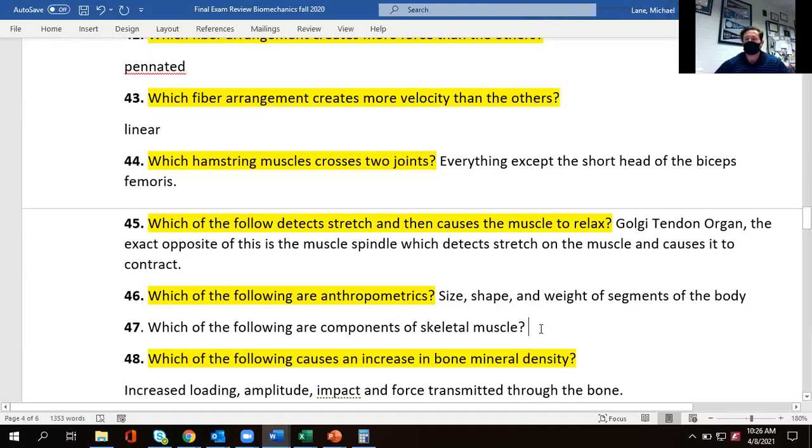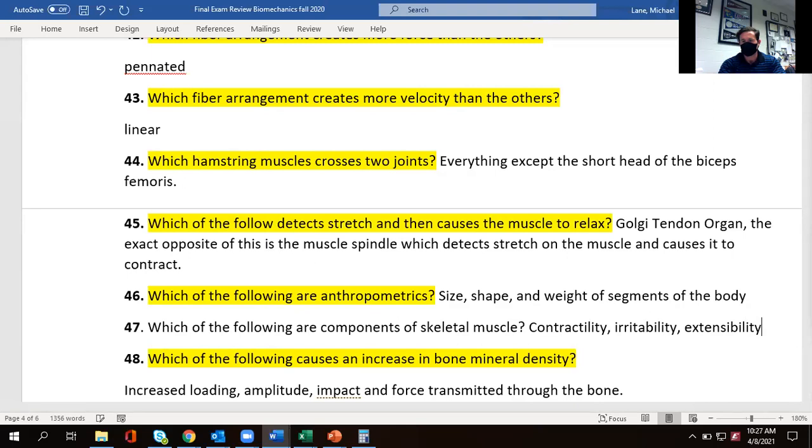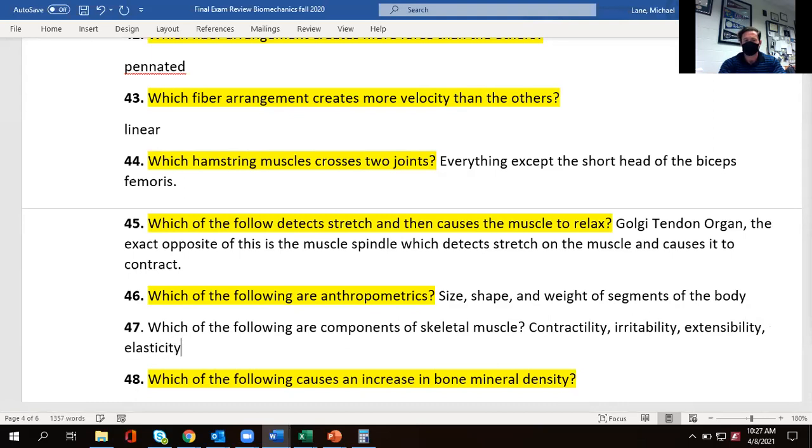Now that's what they're made up of, but think about excitability. Yes. Exactly. Good job, Chris.